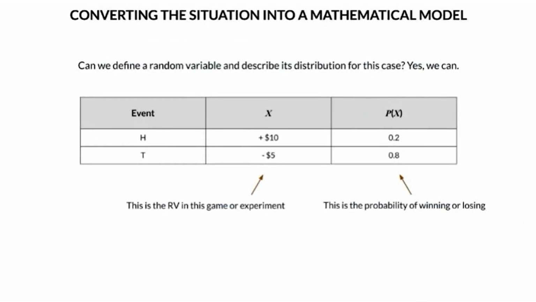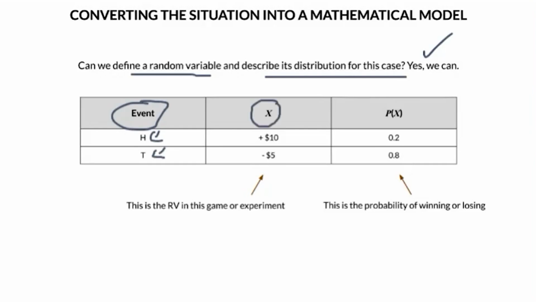First of all, let's convert this situation into a mathematical model. Can we define a random variable and describe a distribution for this case? Yes, we can. So the event is essentially getting a head, getting a tail. The random variable is the value we are interested in. Now, the game says, if you get a head, then you will gain $10.